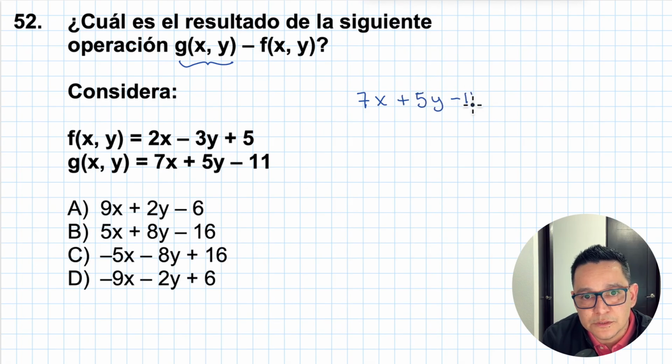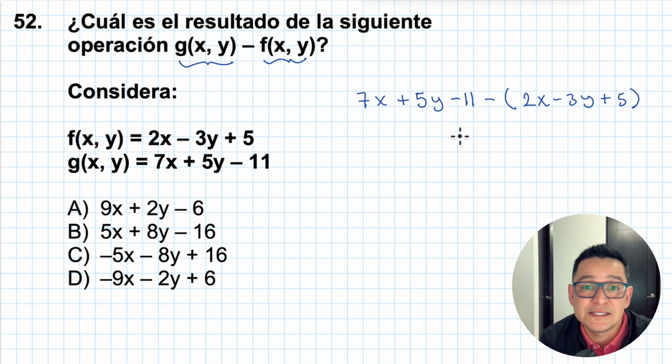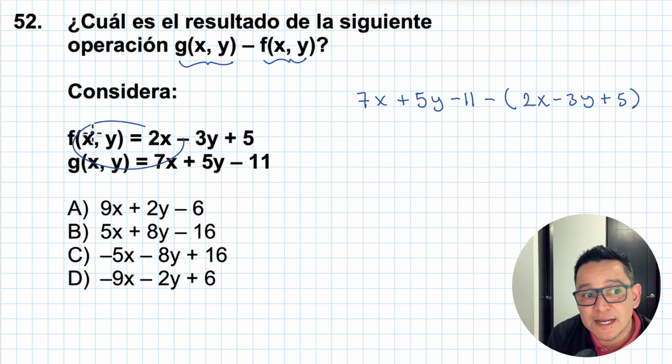Minus 11, it says. Subtract from this. I open a parenthesis. What is f of x, y? It's this right here, so 2x minus 3y plus 5. That's it. Basically, we have a subtraction of polynomials here. Obviously, these are functions, but as it stands, it's a subtraction of polynomials.